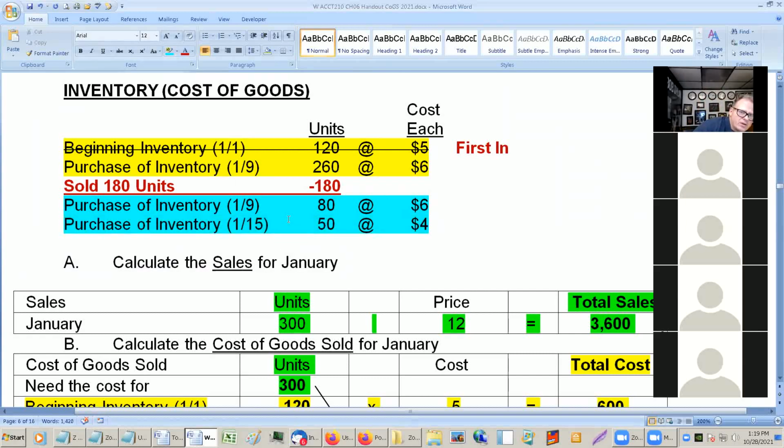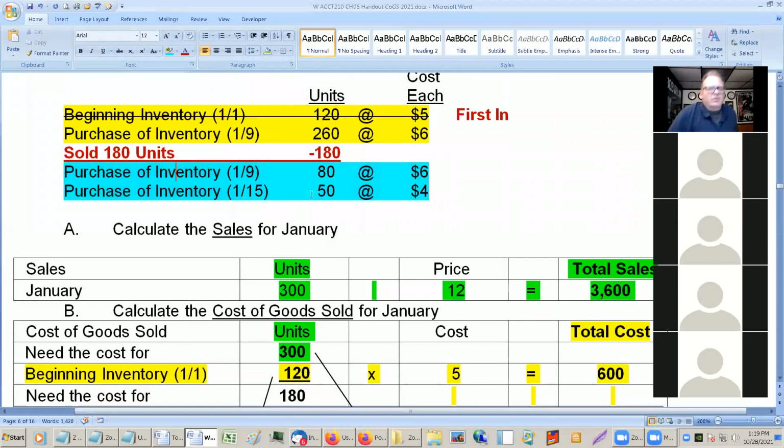And we haven't done anything with this. They're down here. Okay, so this is what we're left with. This is our ending inventory. Ending inventory again is the stuff that's not sold. So the 120, that one's completely sold. This one's completely gone. This one we have 180 left, so there's only 80 left in it. So I'm just gonna copy these two down to do our ending inventory.